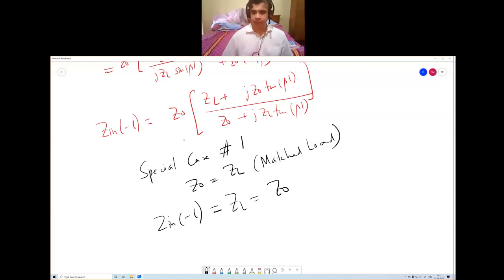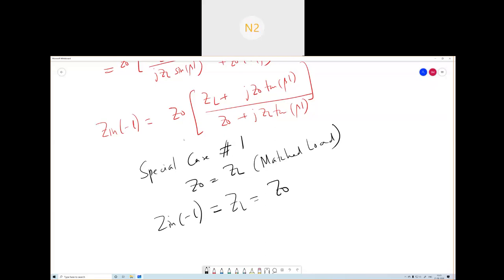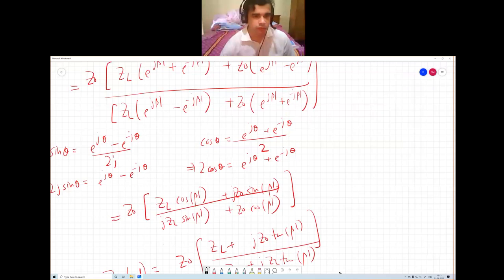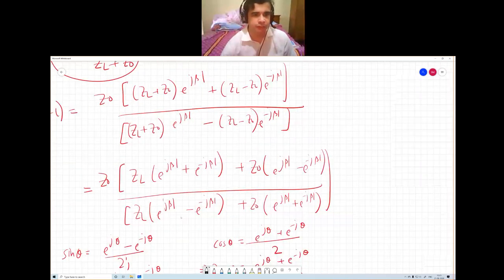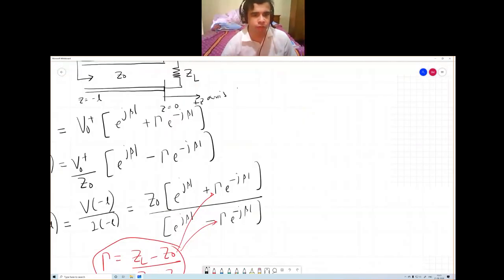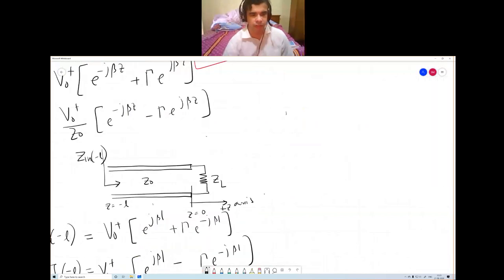It is constant. So in the case where Zin equal to Z0, no matter from where we see it, the input impedance always looks constant to us, and that value is nothing but Z0.